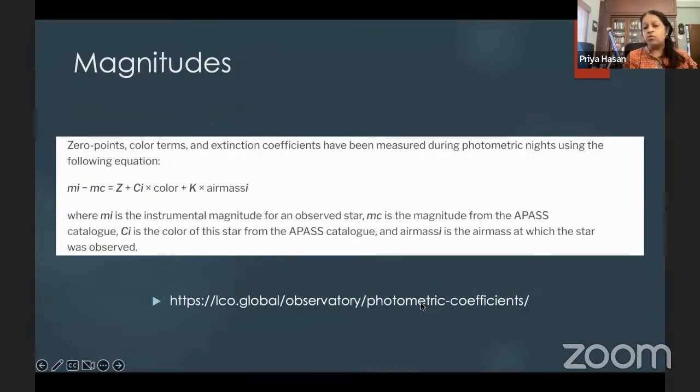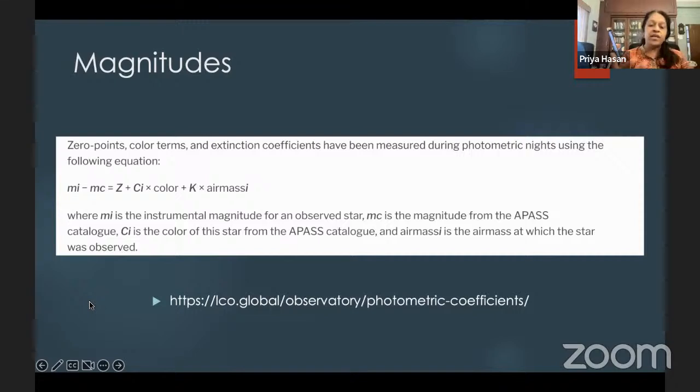You can actually go through this website with this location over here. This shows you the different photometric coefficients. By coefficients, I mean the Ci, the K, as well as the Z. All these factors can be seen on this website. What is the value for LCO? What LCO does is that every night between observations, they observe standard stars so that they recalculate the values of these coefficients.